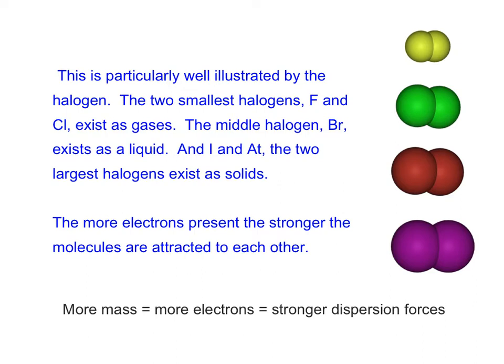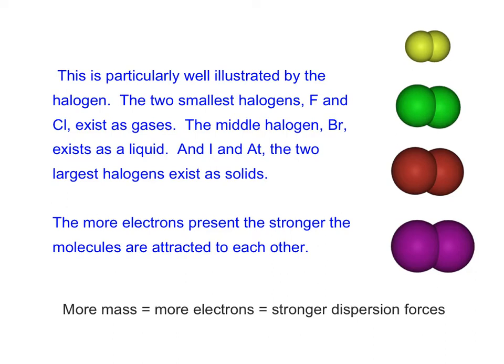room temperature. Because iodine and astatine are bigger, they have more electrons and more mass than bromine, Br.